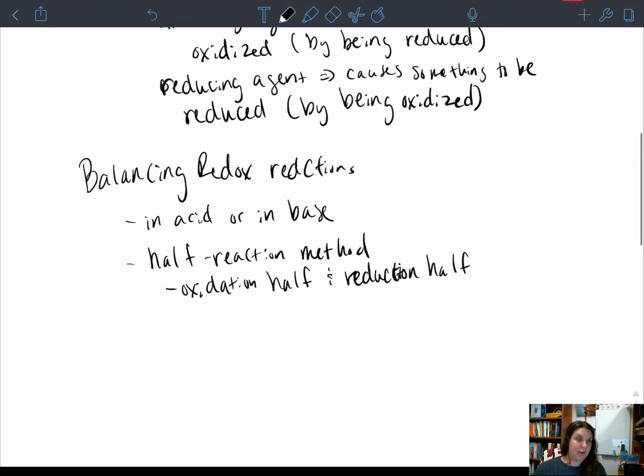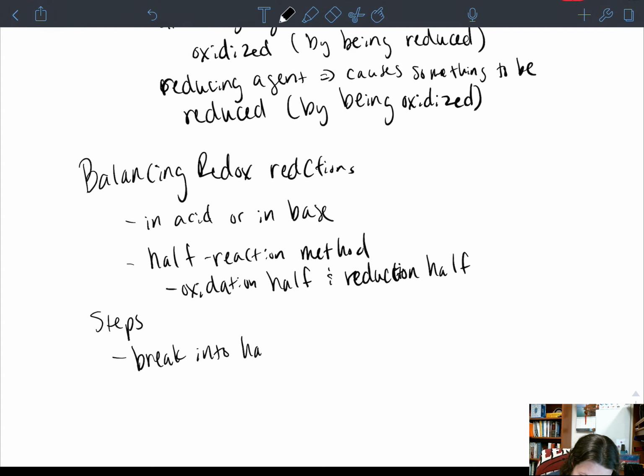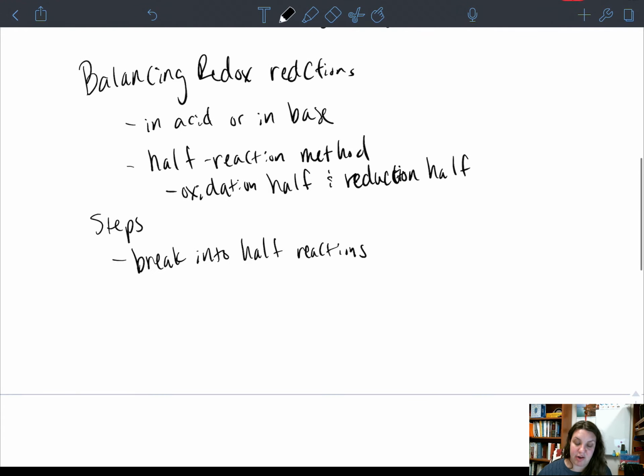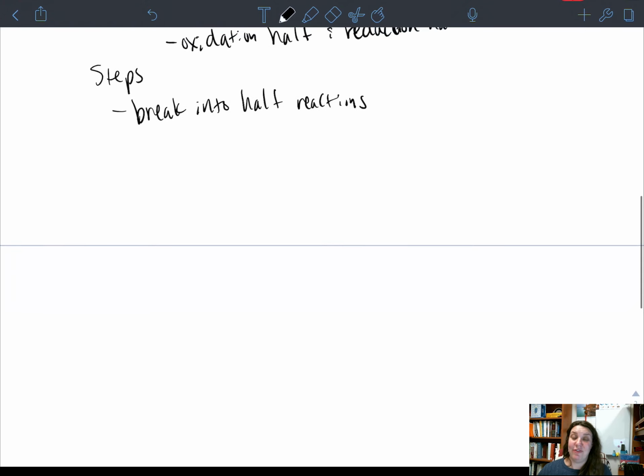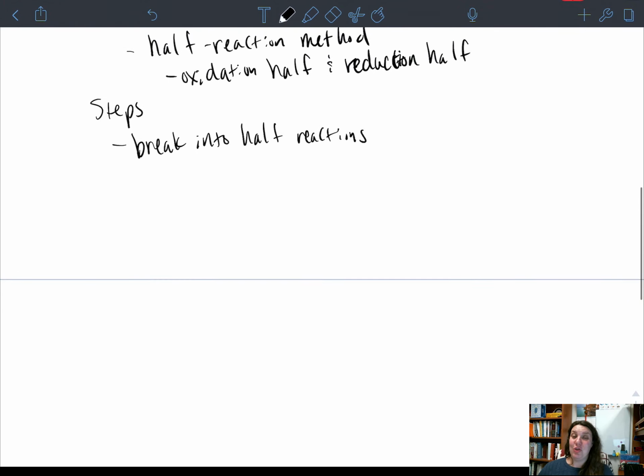Our steps for balancing: break into half reactions. So you'll have your oxidation half and your reduction half. You have to know what's going on with your oxidation states to know what's being oxidized, what's being reduced. So make sure you know your oxidation states.